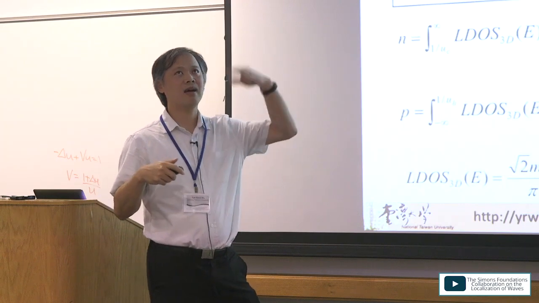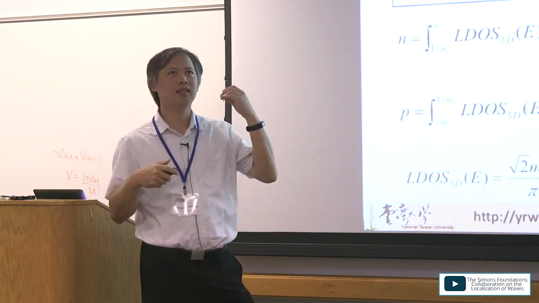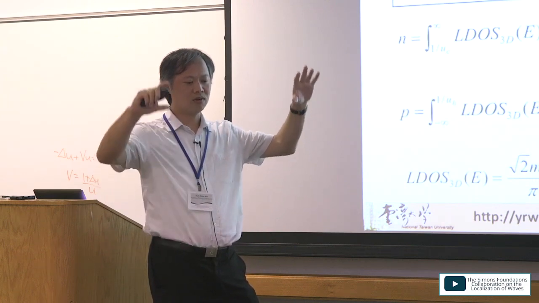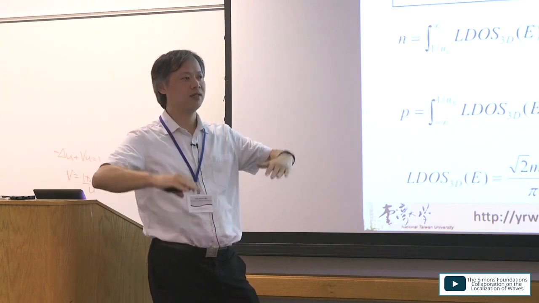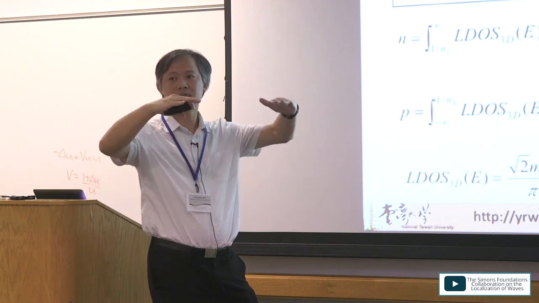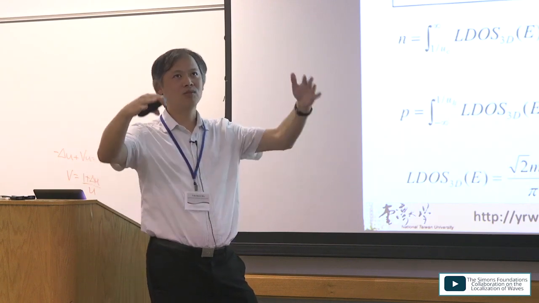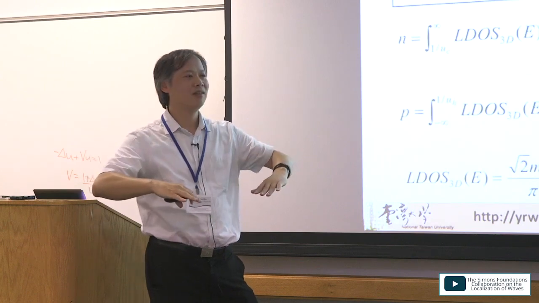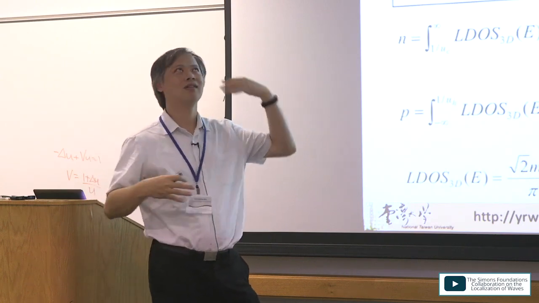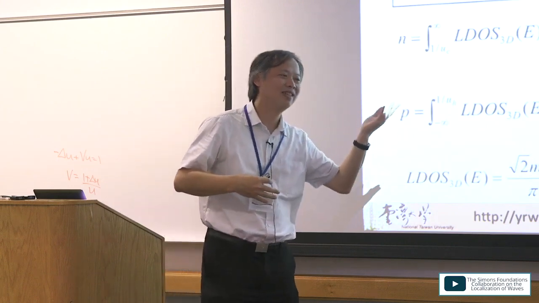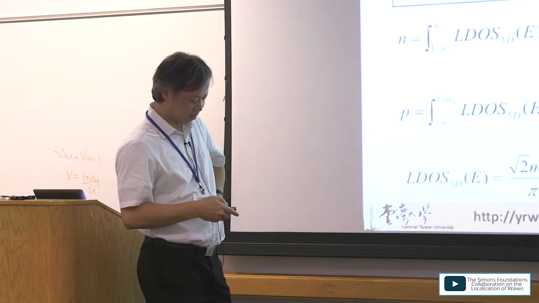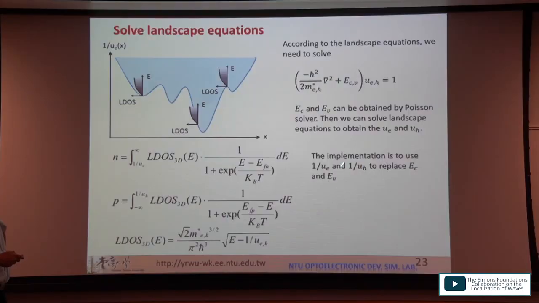So if there is a higher potential barrier, you have some inaccuracy. If your reference potential is too high, we need to shift the reference to the potential minima, as Marcel said. But after we solve it, we need to shift it back, because we want to go back to drift diffusion. You cannot keep the potential shift in the simulation, so we need to shift it back. That's the second key point.